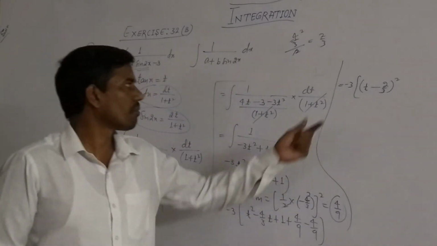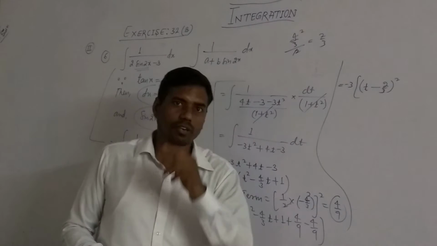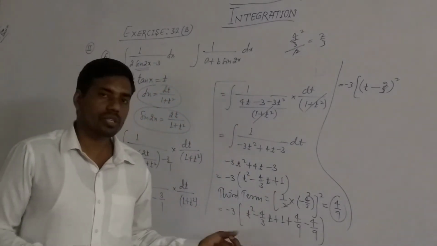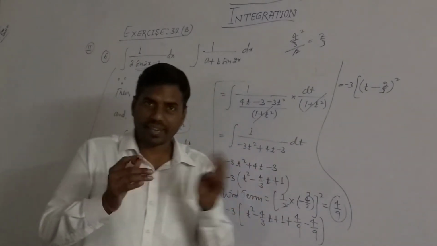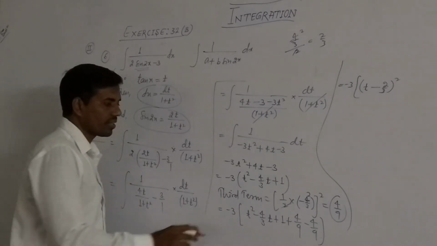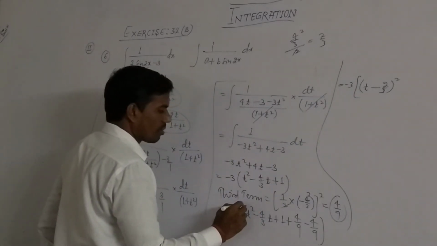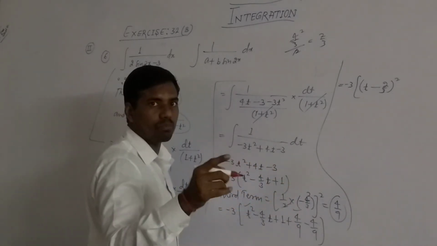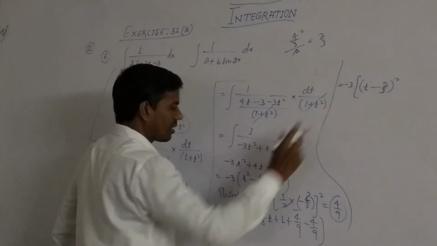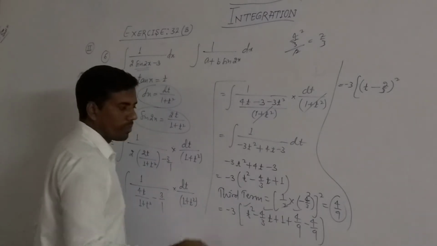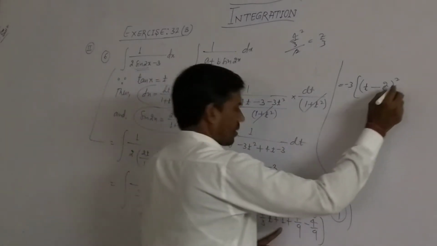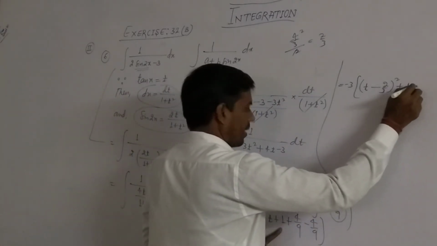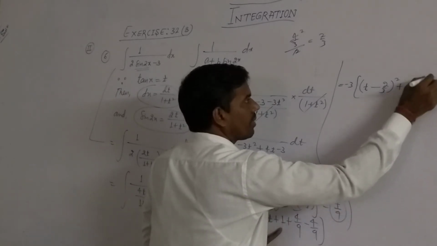That is t square plus 4/9 minus 4/3 t. The remaining terms are 1 minus 4/9.